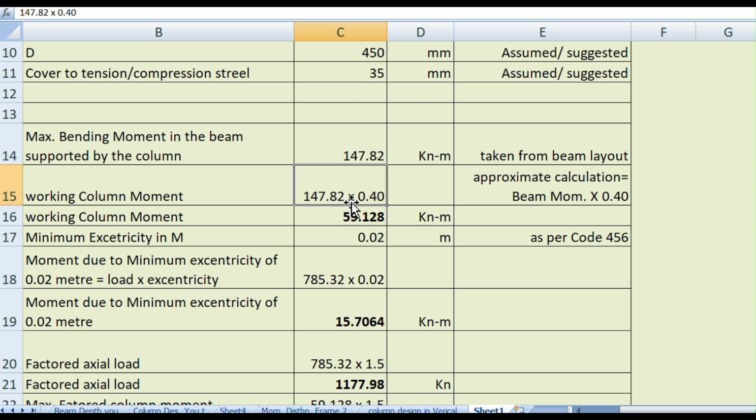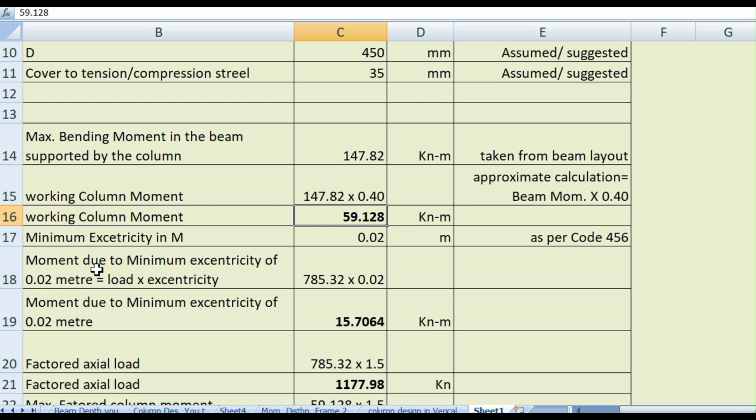This has been tried in many ways by our exact analysis through the moment distribution method. So for the time being, you can take this. The working column moment, that is the maximum bending moment in the beam, is 147.82. 40% of this is 59.12 kilonewton meter.